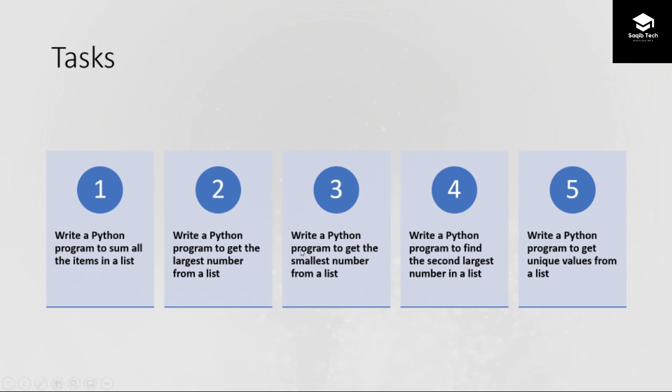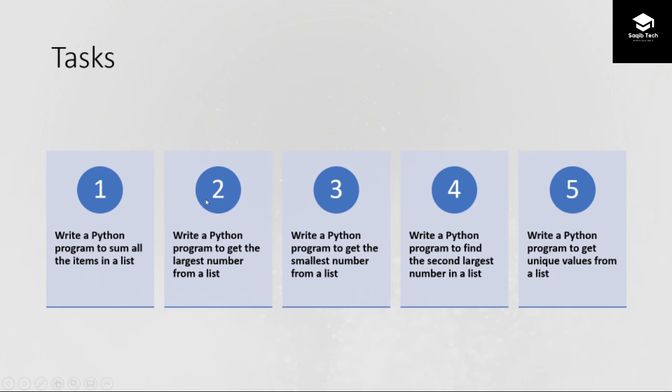Okay, let's create a logic. Then write a Python program to get the largest number from a list. You need to find which number is greater in that list. Similarly, you need to get the smallest number from the list. The fourth one is a little trickier. I will leave this one to you.